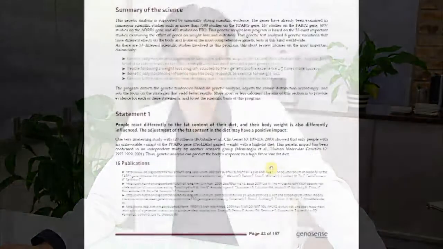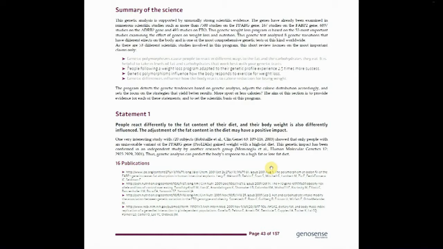All right, and here you see a general summary. So the important statements such as people react differently to the fat content in the diet. So some people are sensitive, others are not. And adjustment of fat content in diet may have a positive impact. And then you can see one study used 720 subjects.